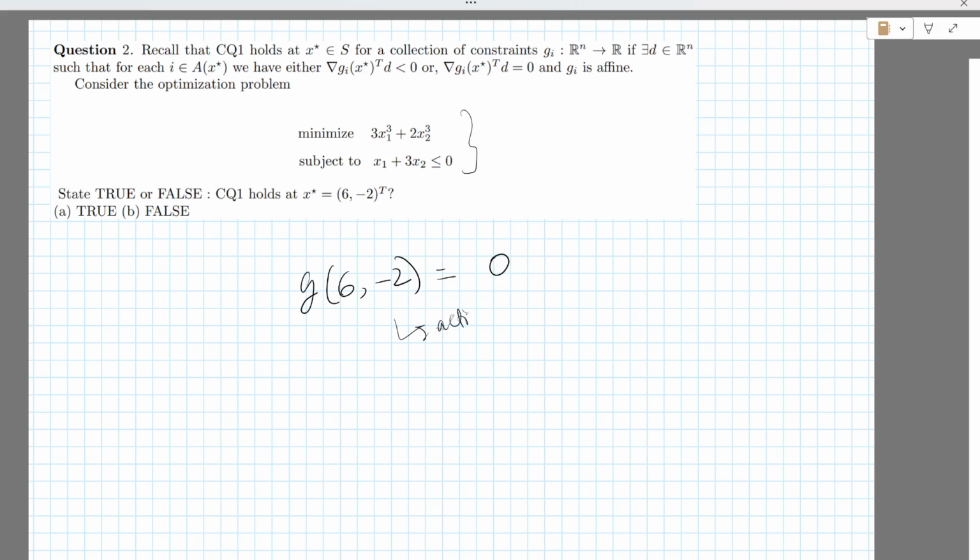So it's an active constraint. And I can look at the gradient, which is (1, 3).